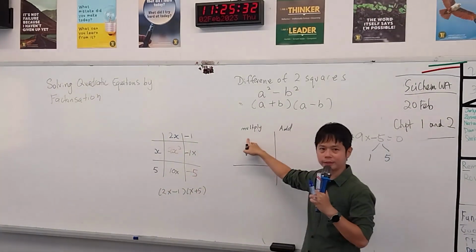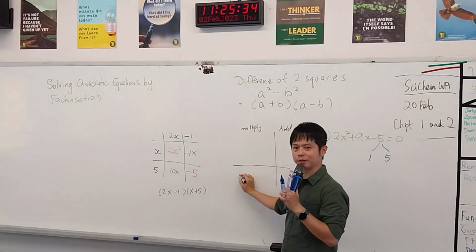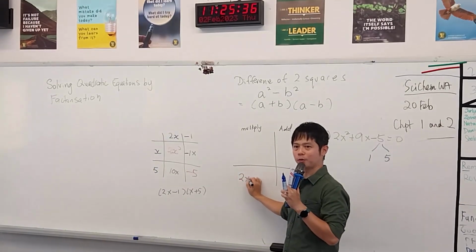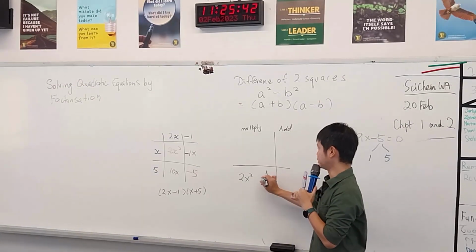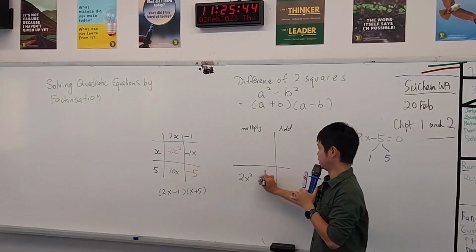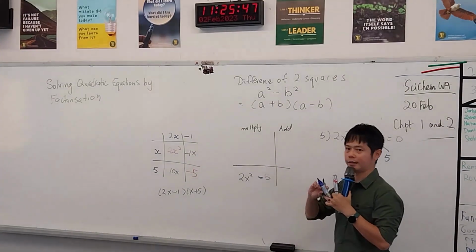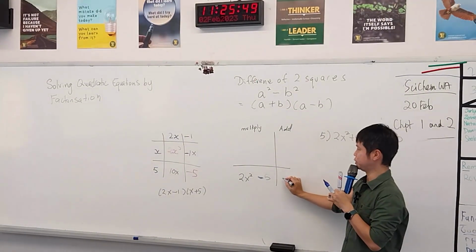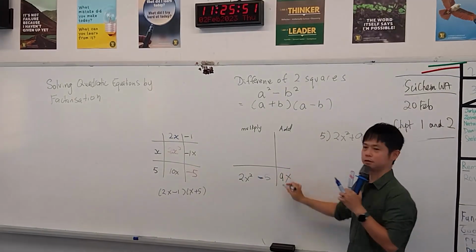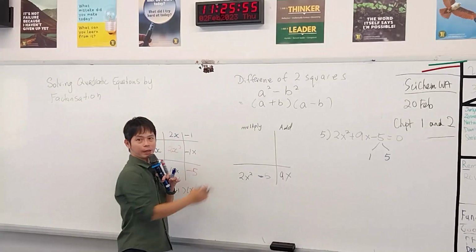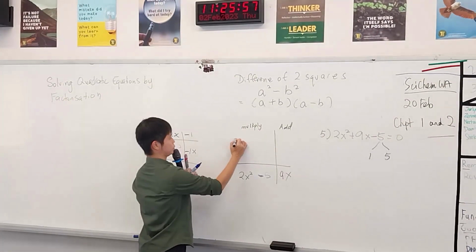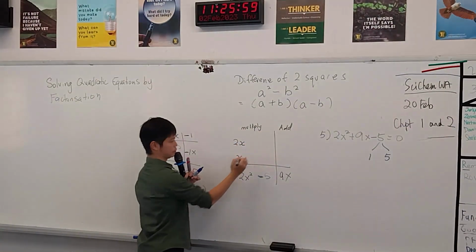Now let's try the cross method. How to set up the cross method? You put 2x squared, and minus 5 here, and the last one here is your x term, which is your 9x. What multiplied by what will give you 2x squared? 2x multiplied by x.